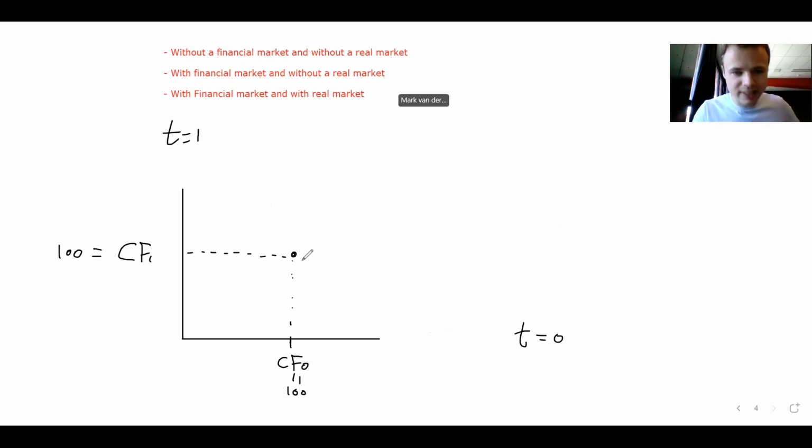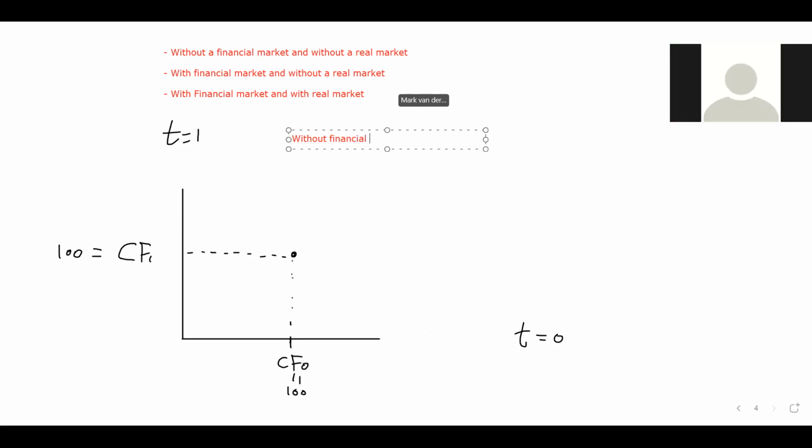If you don't have a financial market, that means there's no bank where you can borrow money or where you can lend money. And there's also no interest rate because of that. So a financial market means that there's a bank. And now we assume that there's no bank, there's no financial market.